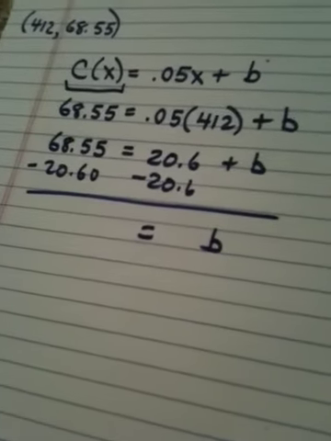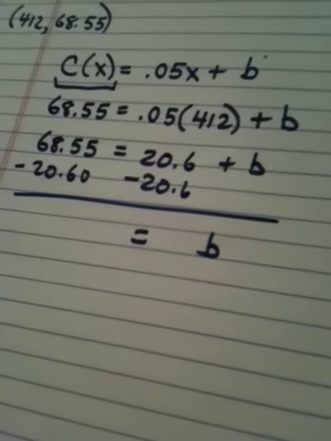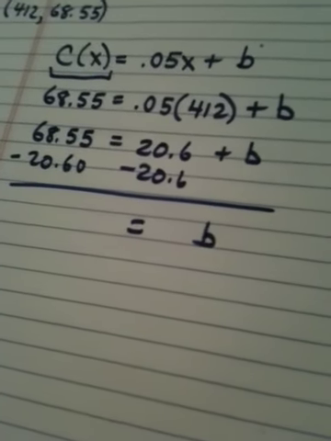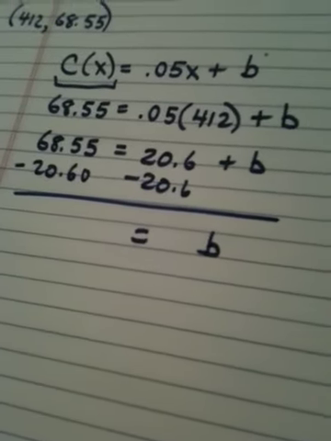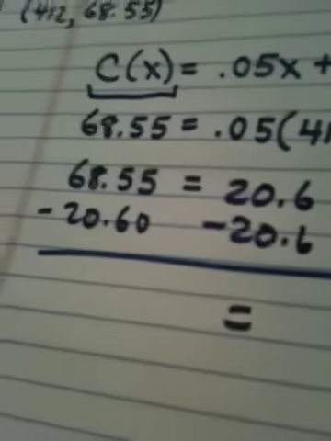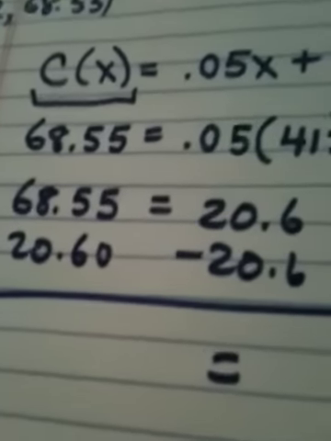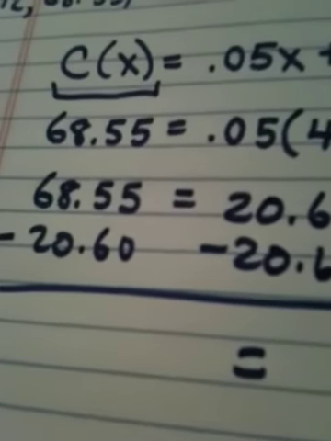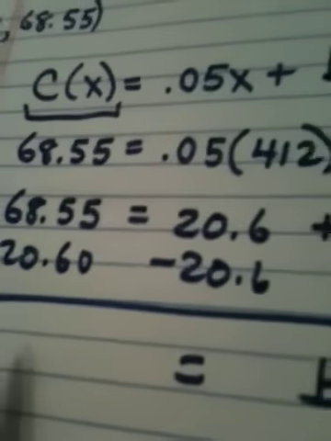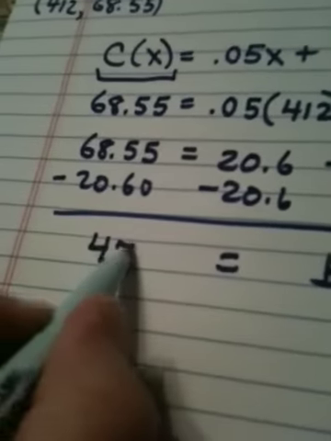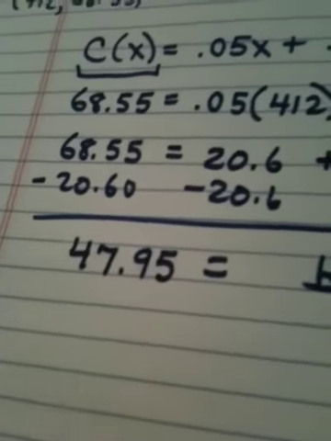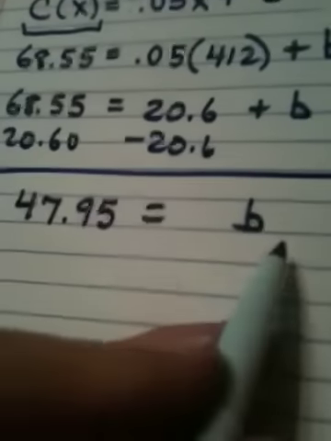And now on my calculator I'm going to do 68.55 minus 20.60. Whoa! And my phone went flying. And when I do, I get 47.95. So I've just found b.